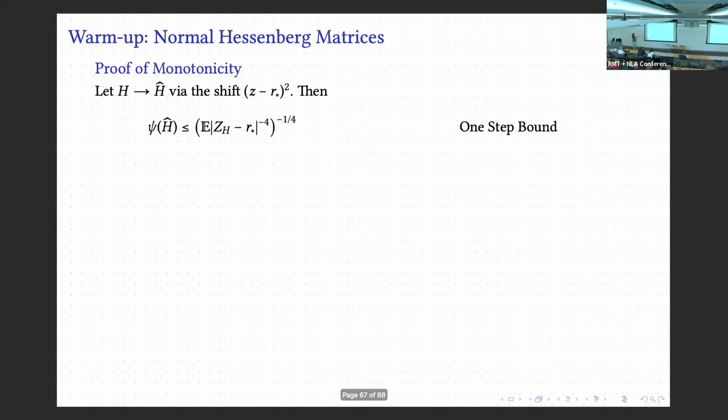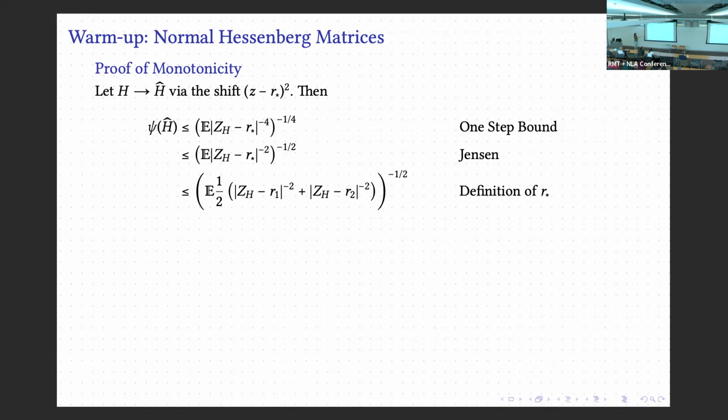So using this one step bound from the previous slide, you can control the potential at the next step using this inverse moment of this random variable ZH that we defined. You can then apply Jensen's inequality, and using the definition of the root that we chose. Remember, we chose this root to be the one that maximized this quantity, this expectation over the two roots.